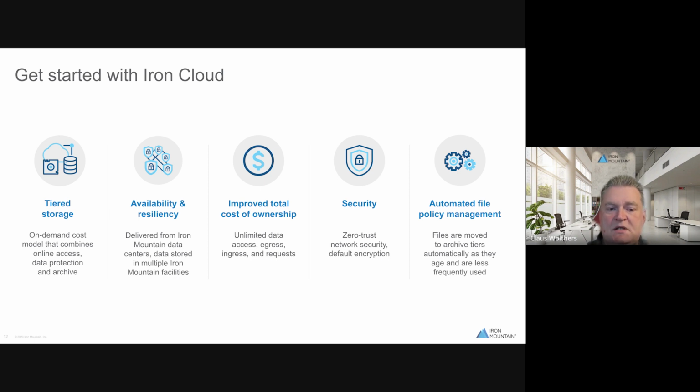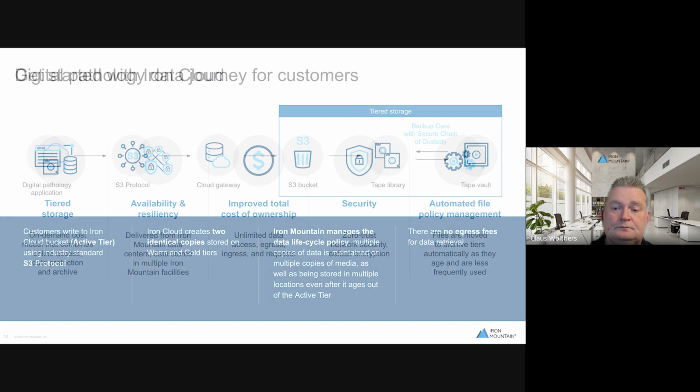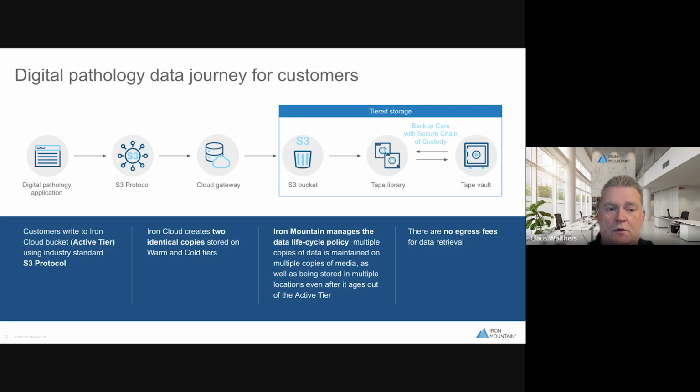This gives you unlimited data access without adding additional egress and ingress costs. Finally, this is done using a highly secure network using the zero trust model. And in some cases, we're actually creating an air gap between the data and the storage of the data. So it has high security features built into the product. How does Iron Cloud work? Data is moved to Iron Cloud using the industry standard S3 protocol.